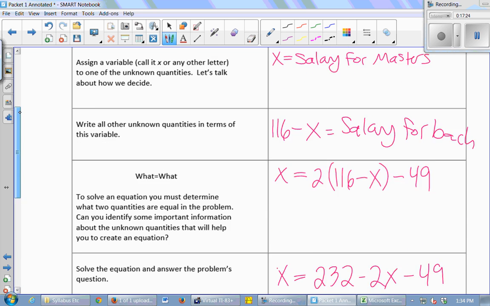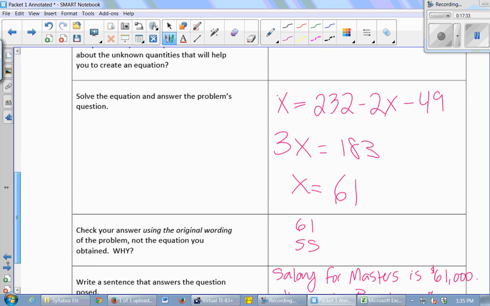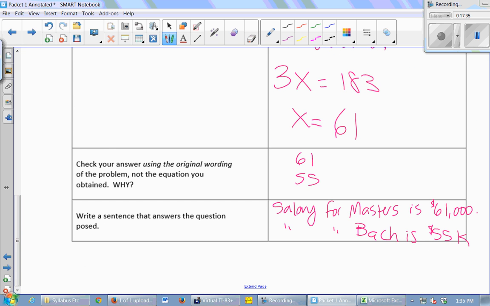It said if you double the bachelor's degree salary and subtract 49, you're supposed to get the master's degree salary. And it does, it works, yeah. So they add up to 116, and 2 times 55 minus 49 does give you the 61. Check, check.